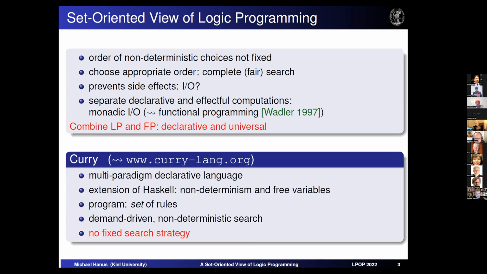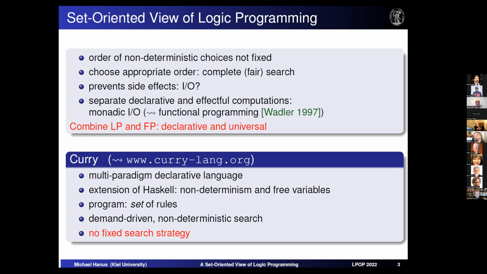So, and we have done this. I worked for a long time on the language Curry. Basically, Curry is a multi-paradigm declarative language. It's a syntactic extension of Haskell. But in contrast to Haskell, it also offers non-determinism and free variables. And also, in contrast to Haskell, a program is a set of rules, not a list of rules.